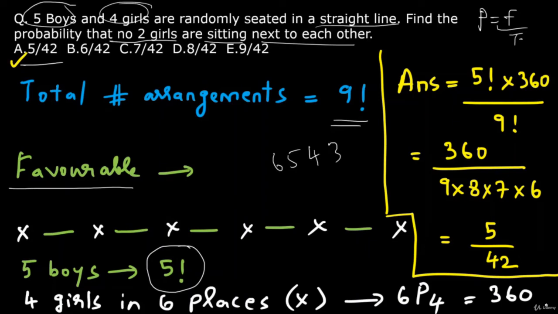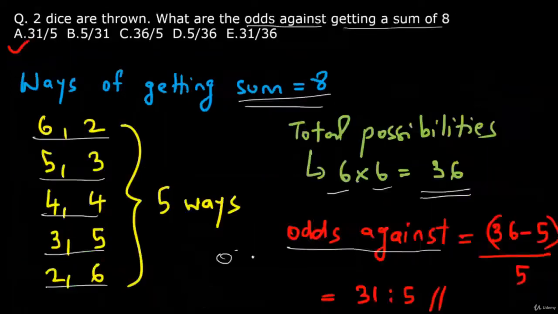Therefore the favorable cases are 5 factorial into 360. You have seated the boys and you have seated the girls. So that's 5 factorial into 360 divided by 9 factorial, which is the total arrangements of the 5 boys and 4 girls. And this simplifies to 5 by 42, which is answer option A.